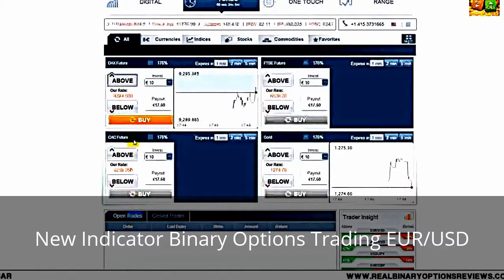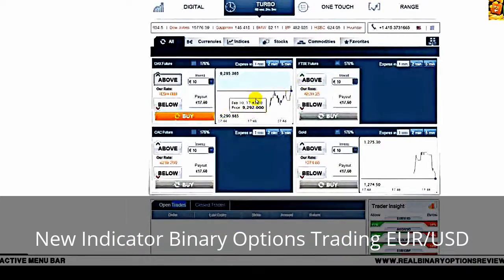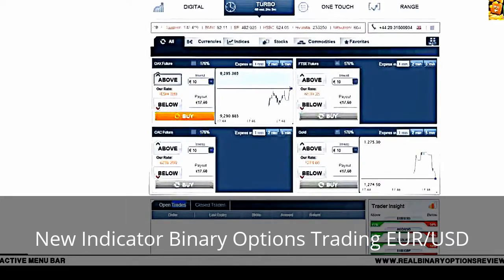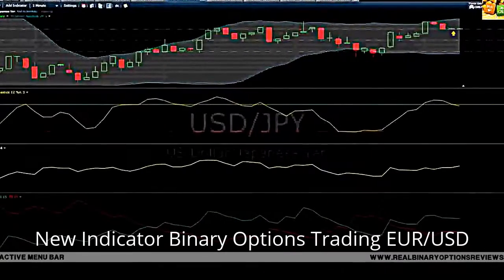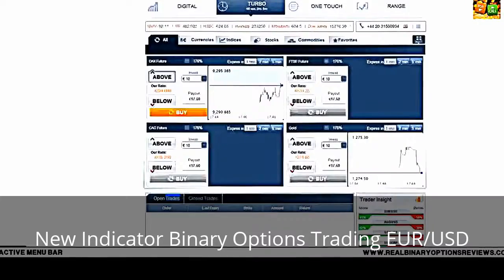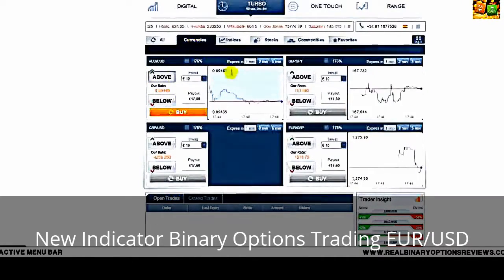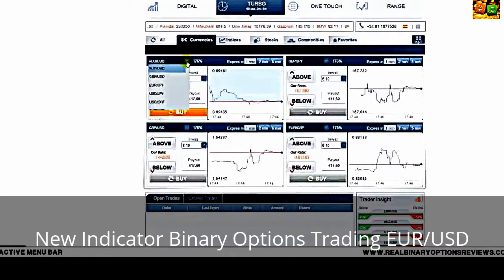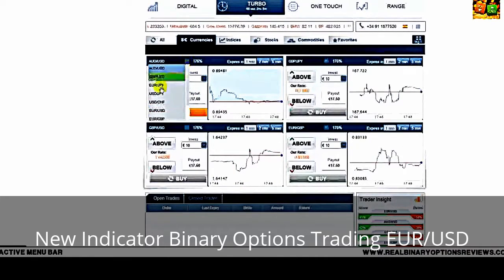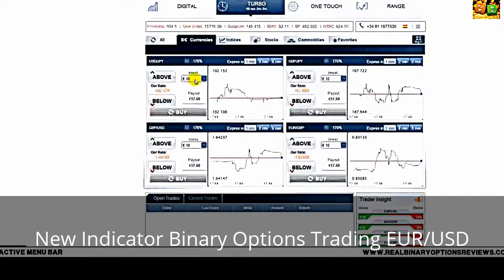Now it seems it didn't accept my trade because I have a problem with my mouse button, but it is still a good position. So US dollar yen.